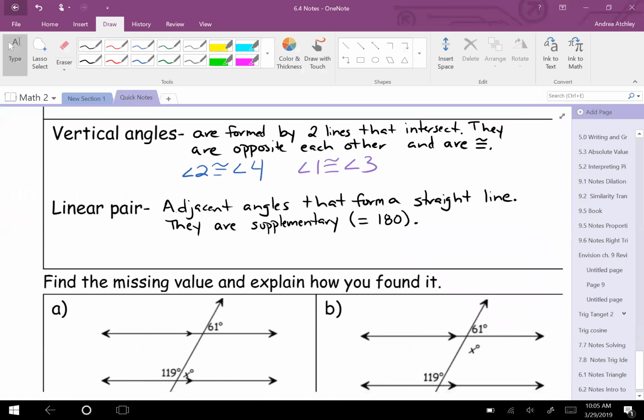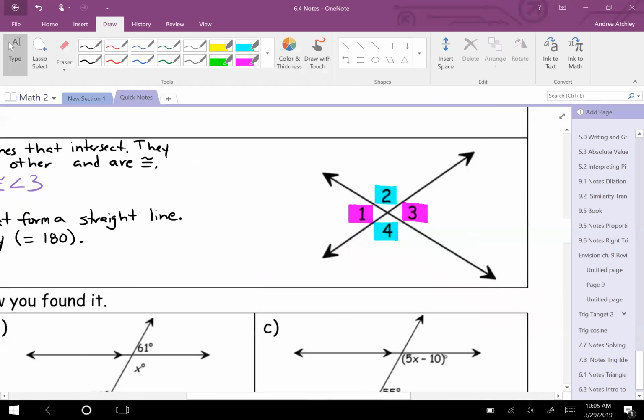Okay, so in this, you can see that here's my straight line. My adjacent angles, the angles right next to each other are 1 and 2. Does that make sense? Yes. Would it matter if you did 2 and 3 and then 3 and 4?